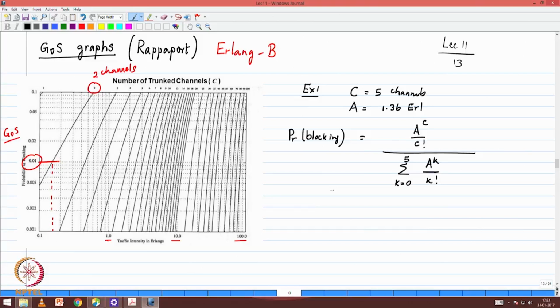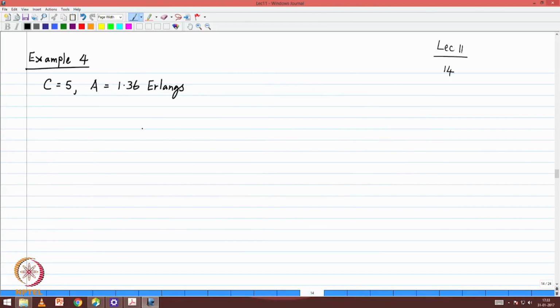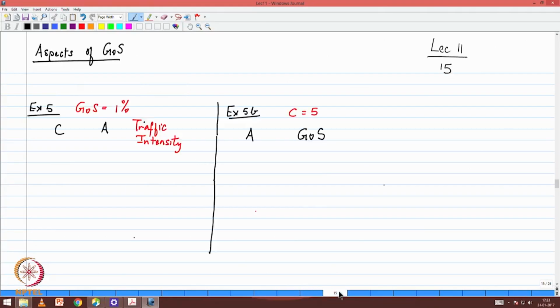You will find that this comes out to be approximately 1%. It's a good system. For a traffic of 1.36 Erlangs, if I have 5 channels, then I get a blocking probability of approximately 1%. That's a good design. Okay, so please go through and calculate this example. That will be a useful exercise.